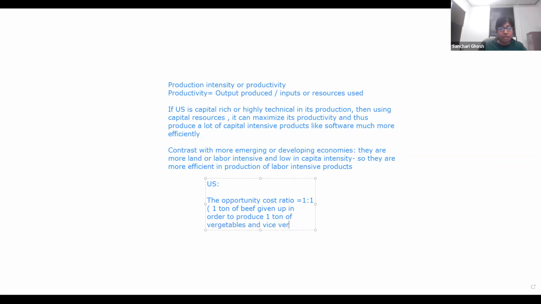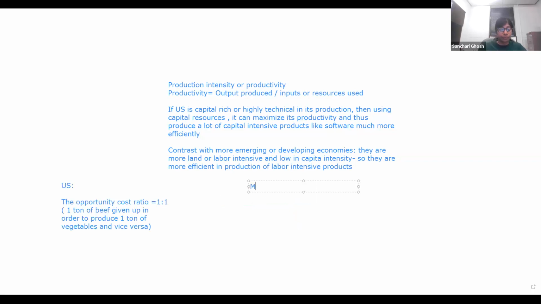The United States has an absolute advantage because look at Mexico's case. This is the US, and let's make Mexico out here.